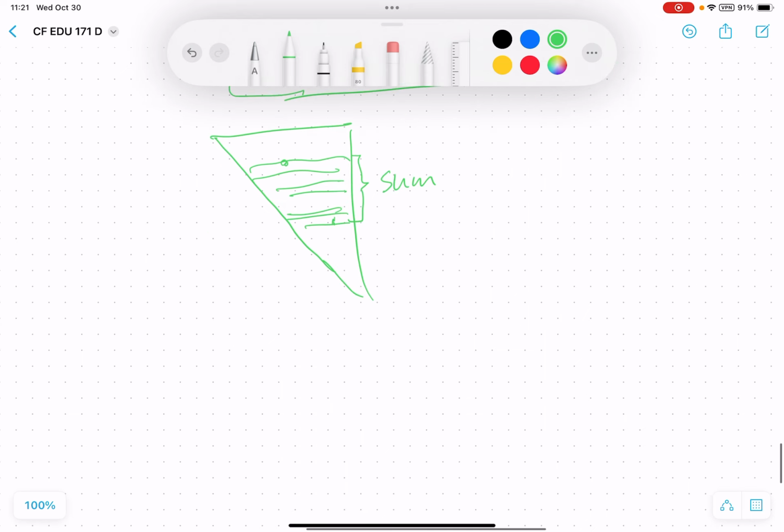So for the last thing, we need to calculate this part and this part. Actually, this part is equal to the whole line subtract this part. So what we need to do is calculate the sum of this part.